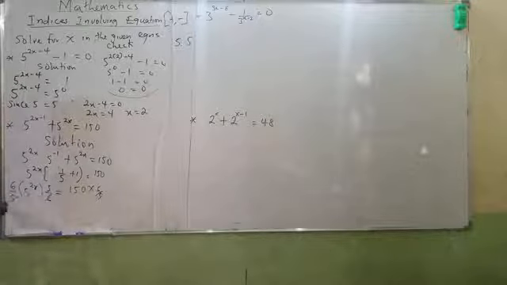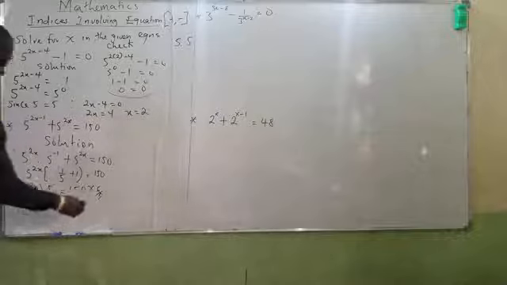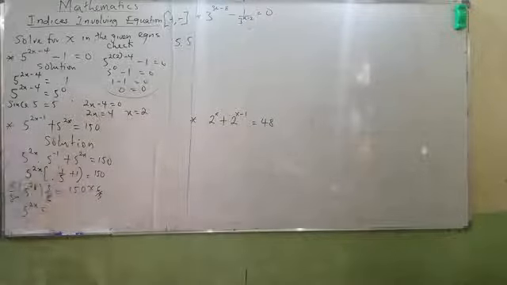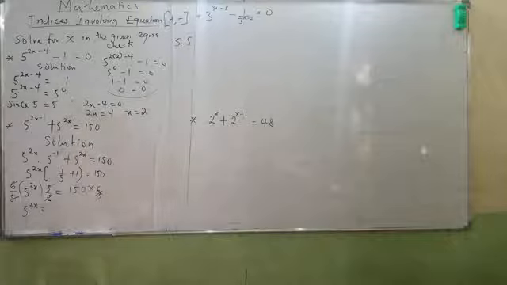This we cancel this, this we cancel this. 5 raised to power 2x equals to 5 in this is 30. 30 times 6. Is that correct? Yes, that will be 150.